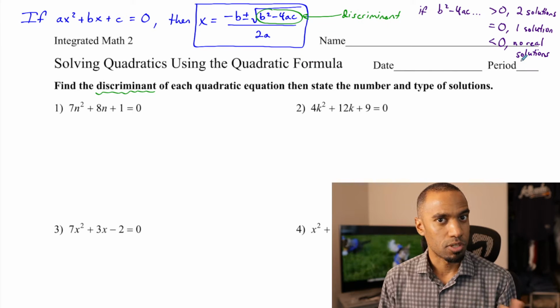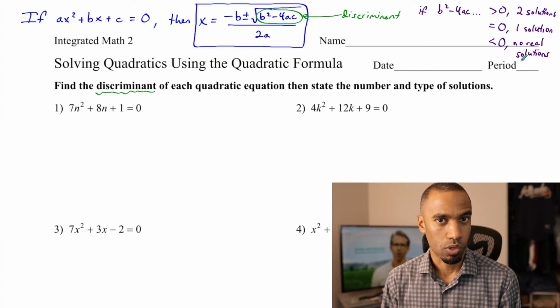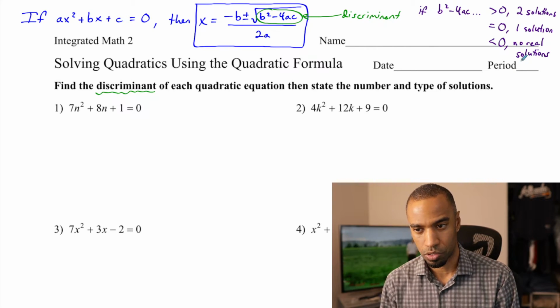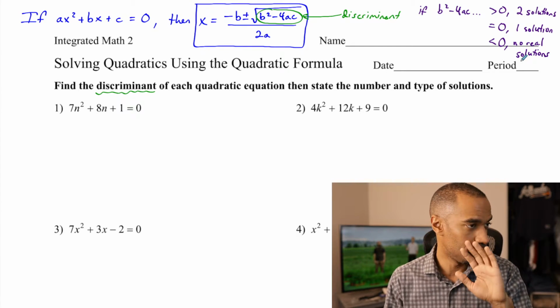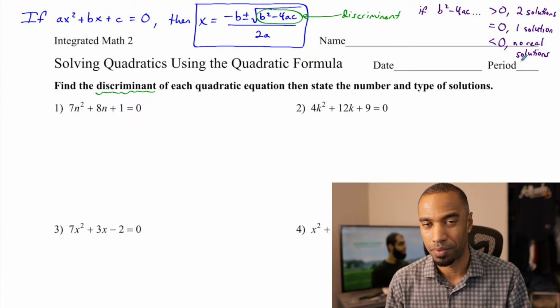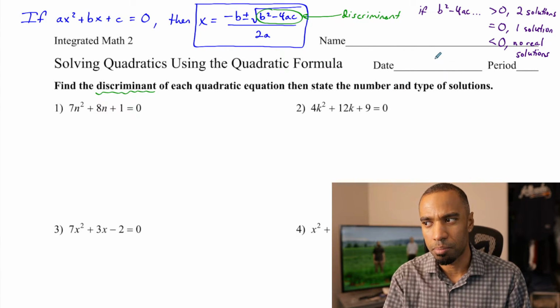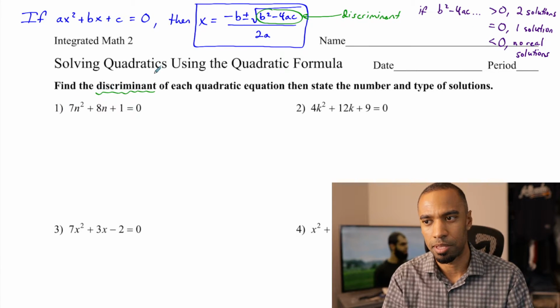I'm not going to dive deep into what the real or not real means. What it does mean is we'll stop the problem at that moment and we'll state, all right, no real solutions. We'll halt our process, because I didn't do any when talking about completing the square either. I avoided them. And I don't believe that we're going to be playing with no real solution problems in here outside of testing them in the discriminant.